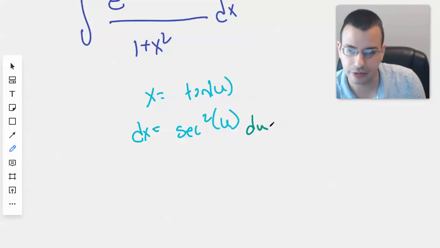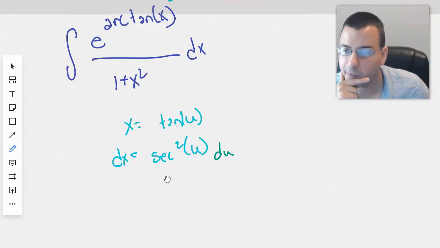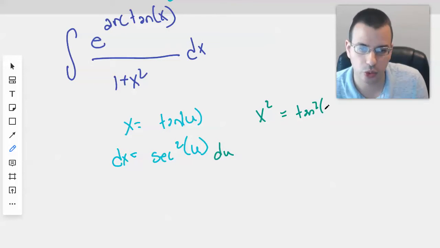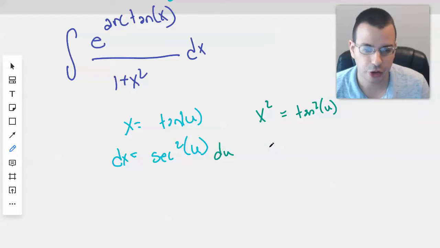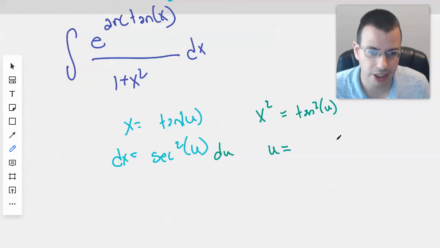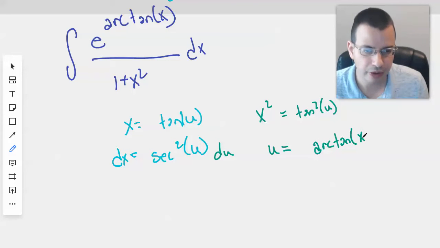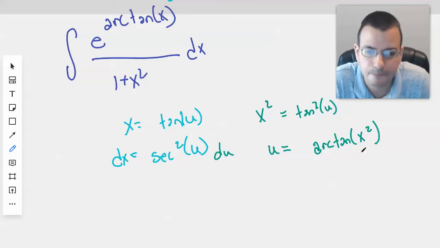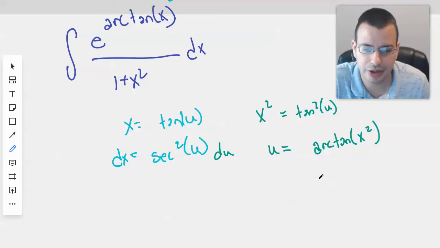Let's see, we'll have a du here. And then I should probably solve for x squared. x squared equals tangent squared of u. And then solving for u, that will be arctangent of x.